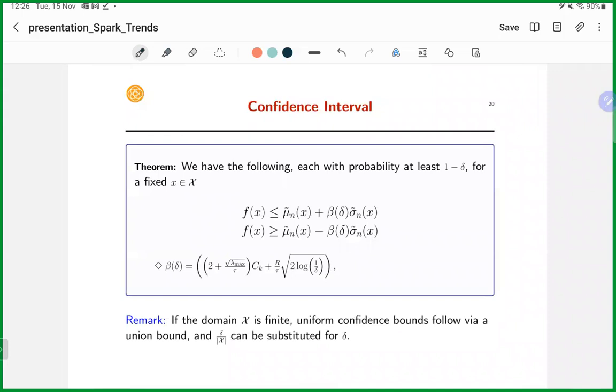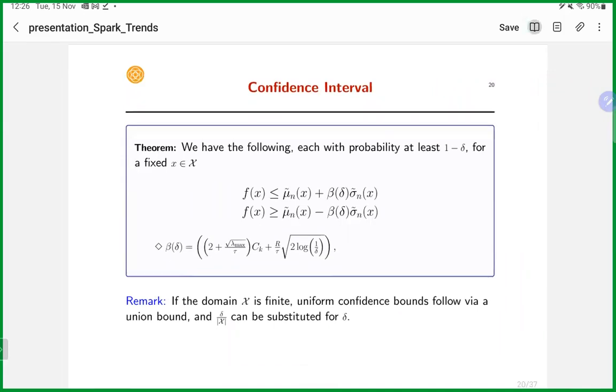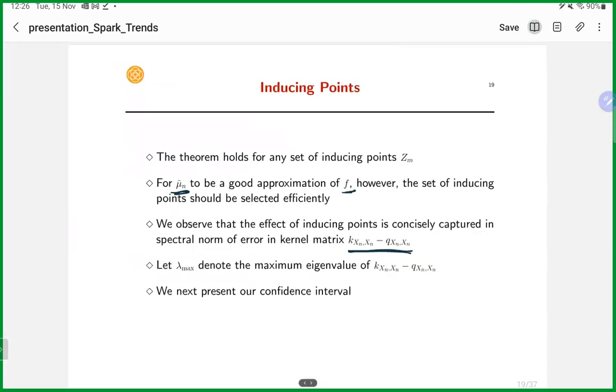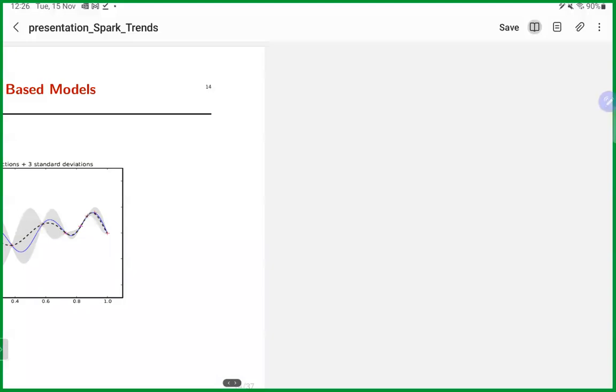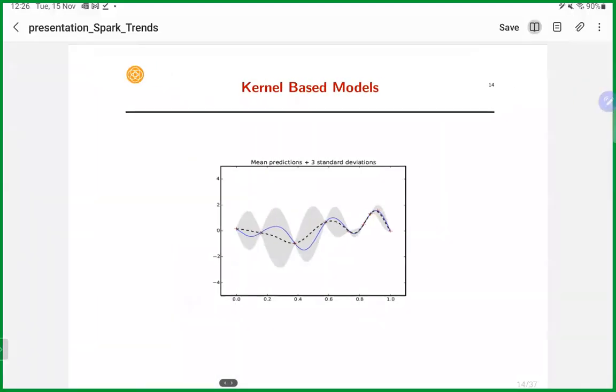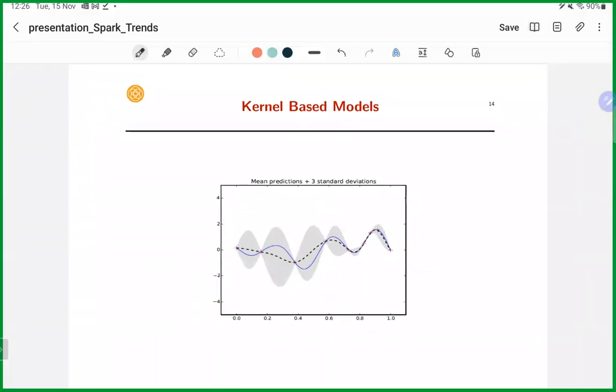So our theorem captures the confidence interval. Let me go back to one of those figures in the earlier slides, so it makes more sense. This is what we're trying to capture here.